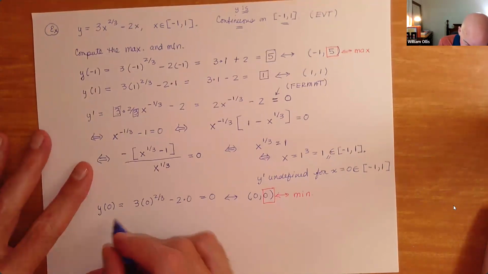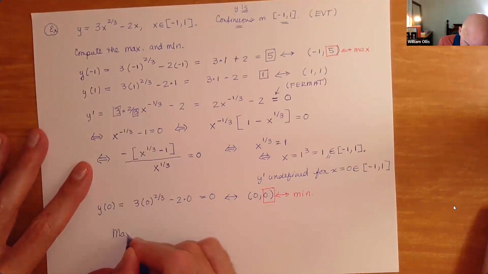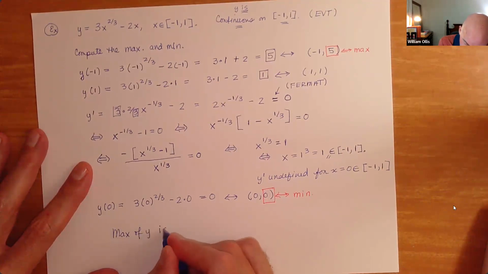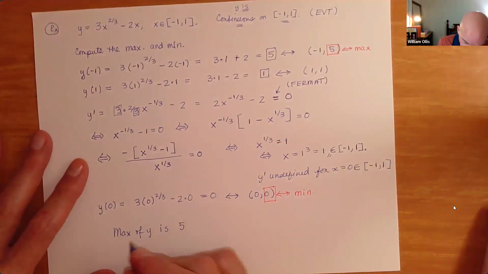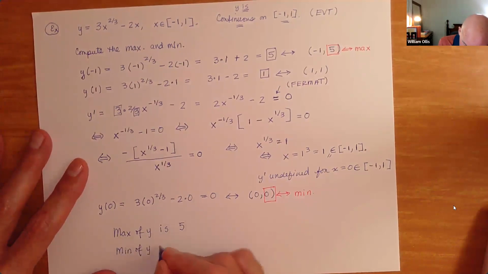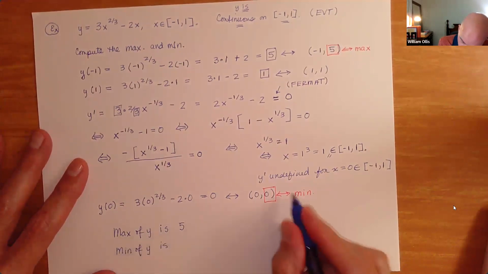So now we can say the maximum of y is, just stating it by definition, 5. And we know it occurs at -1 in one place, right? And the minimum of y is what? 0.